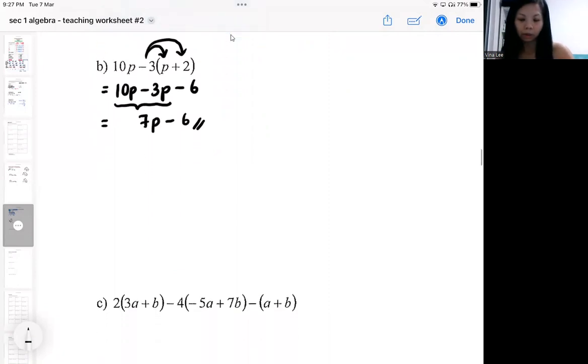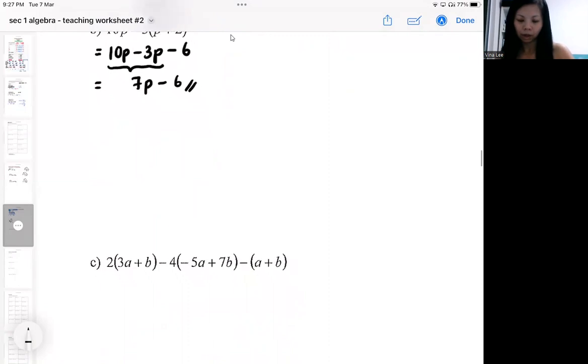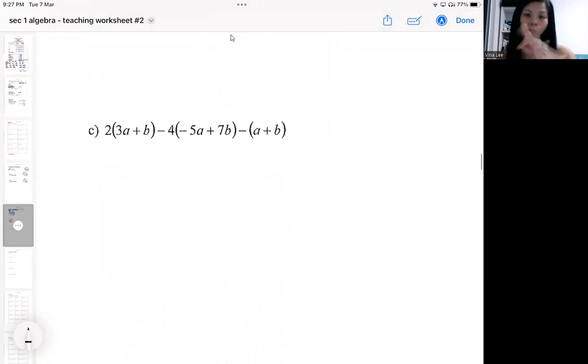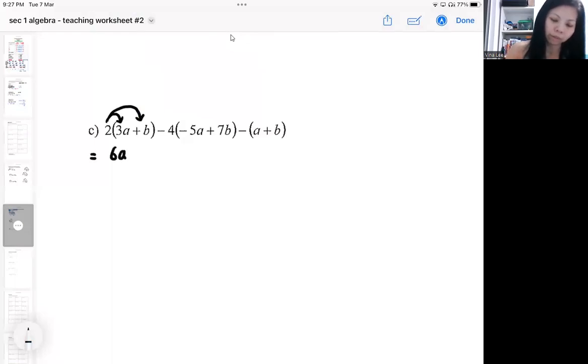Okay, this one will be a bit more complex because there are 3 brackets. So equivalent to 3 doors. So you actually got to open up 3 sets of doors. So each set of doors, each set of brackets, you got to be super careful, especially if it comes with a negative.